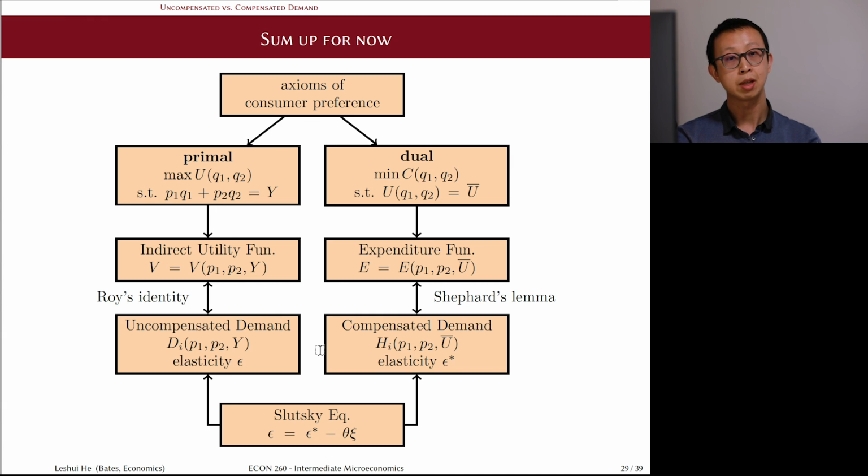So they're bound to diverge when the price changes. However, their differences in the response to a price change are connected by the income effect. And the Slutsky equation precisely summarizes this connection for us.